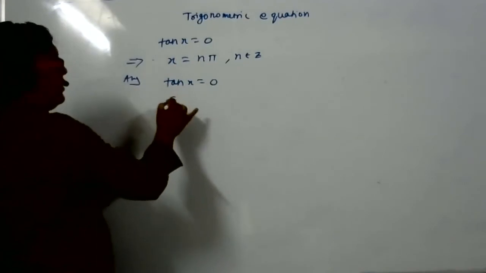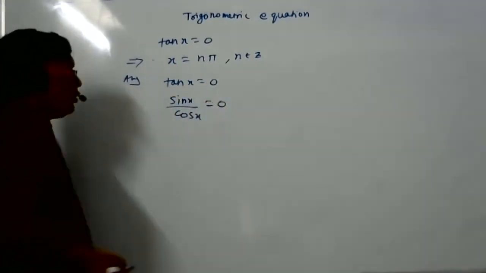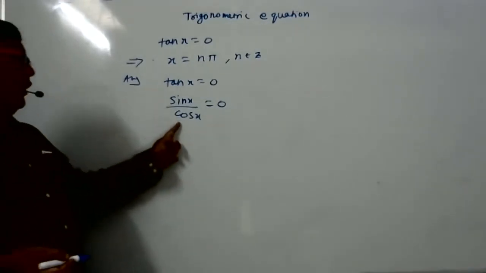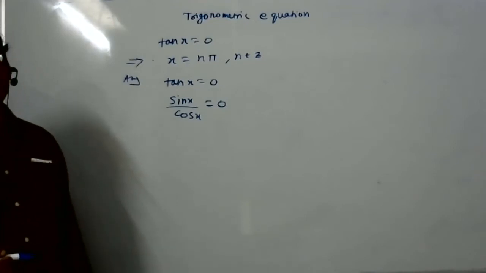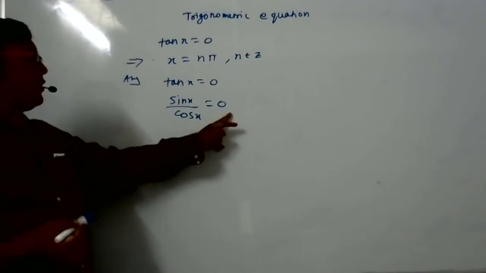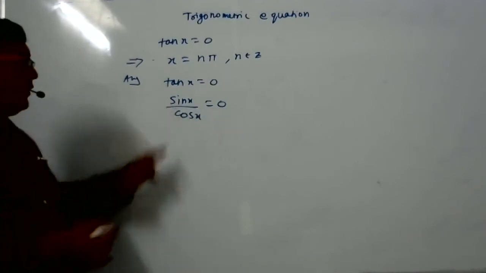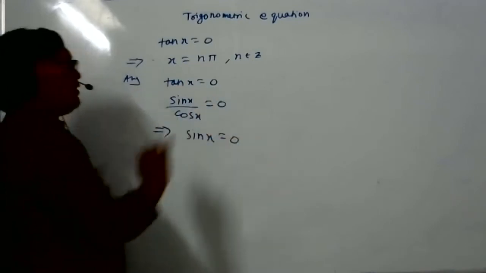Tan x is 0 means sin x by cos x is 0. So numerator by denominator is 0. Means who is 0, denominator or numerator? Sin x by cos x is 0 implies 100% sure sin x will be 0. Then only the answer is coming 0.